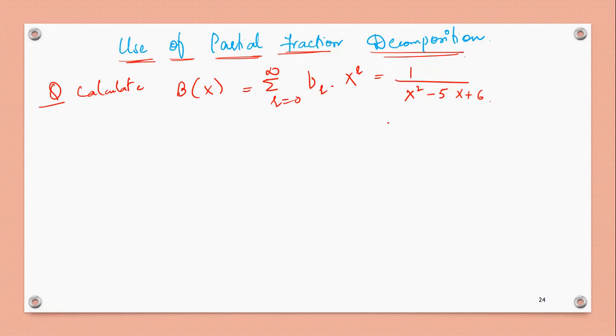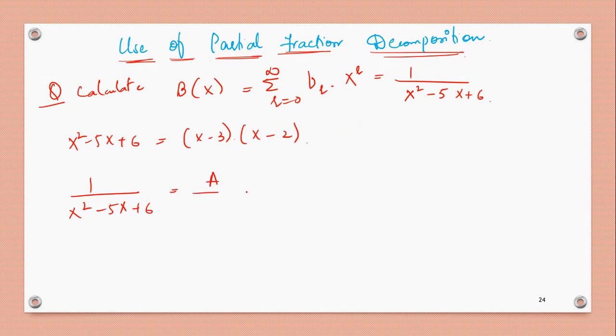So first we have to factorize it. Let's factorize it. x square minus 5x plus 6 can be written as x minus 3 into x minus 2. Now, when we are doing partial fractions, we usually take some constants A and B and write this as A by x minus 3 plus B by x minus 2.